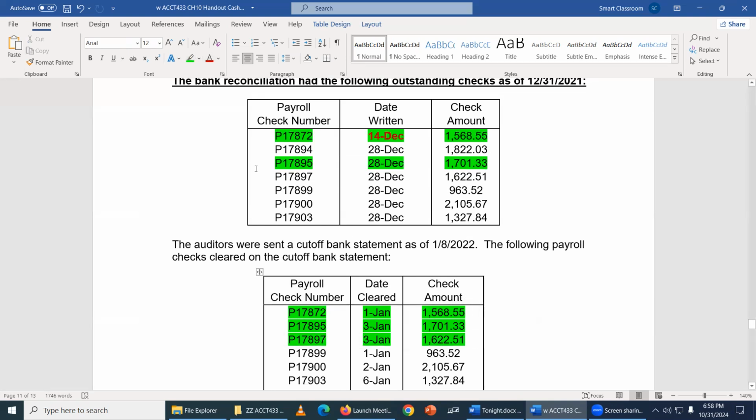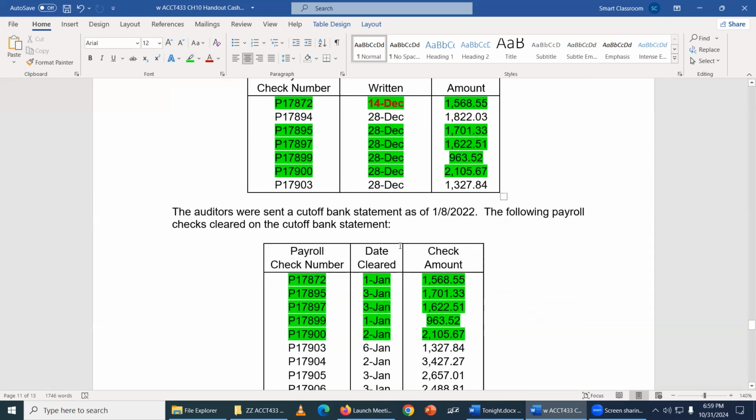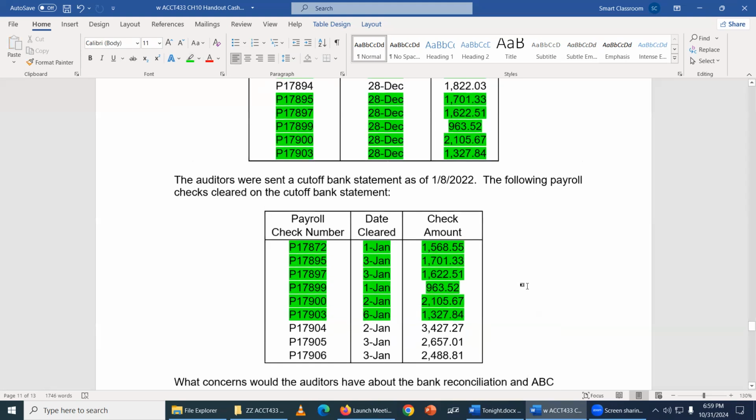Okay, and they are clearing for the same amounts, it looks like, so that's a good sign. Okay, so this is what we're left with.